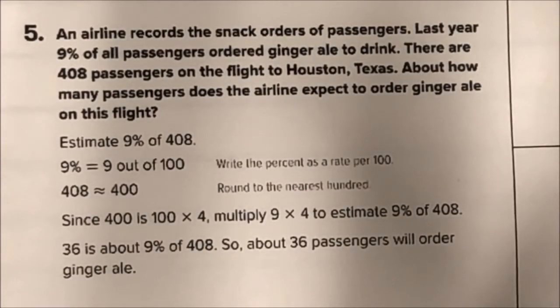So I'm going to estimate 9% of 408. 9% is 9 out of 100. 408 is about 400. So since 400 is 100 times 4, I can multiply 9 times 4. 9 times 4 is 36. So about 36 people will order ginger ale.